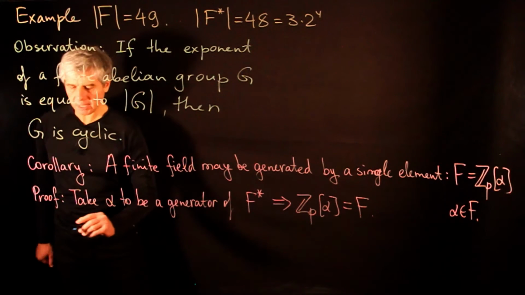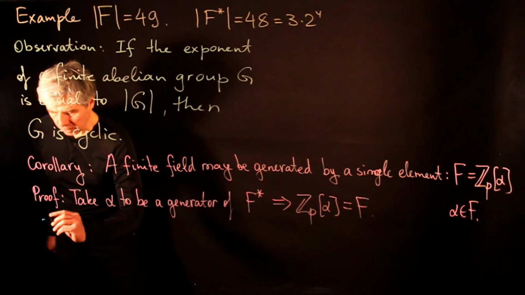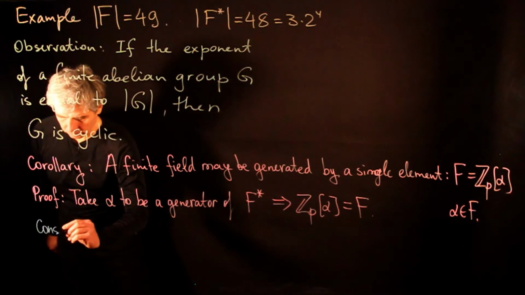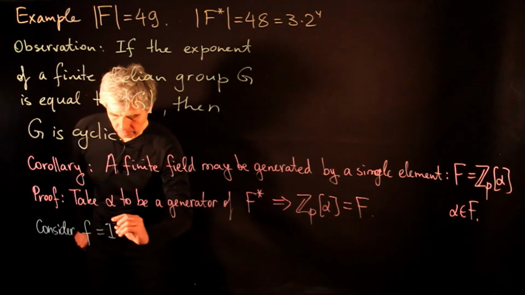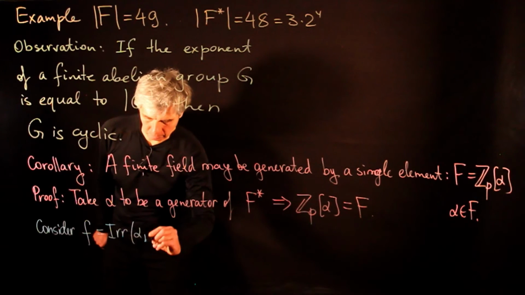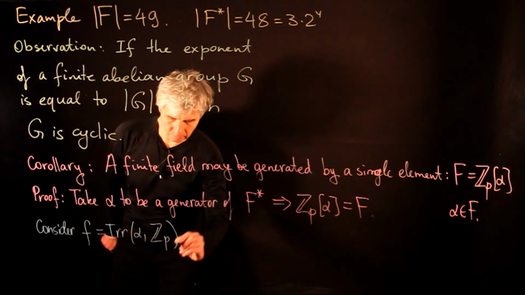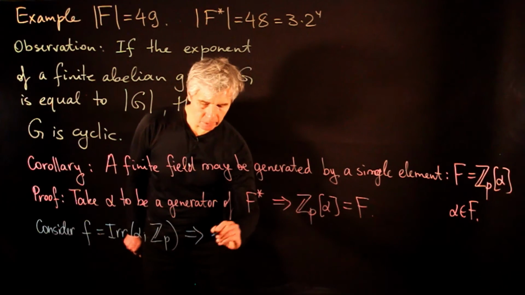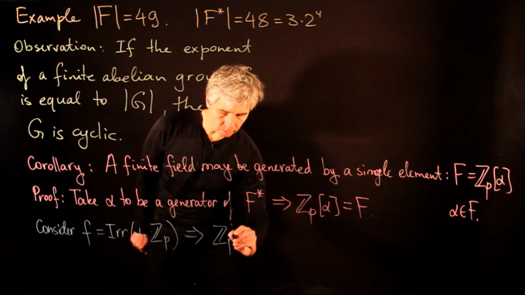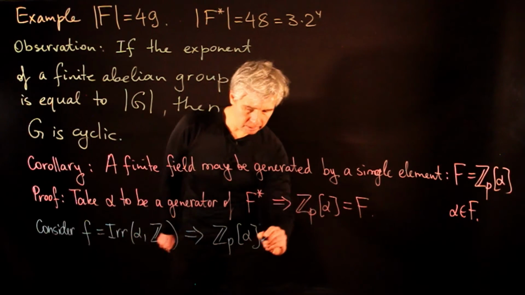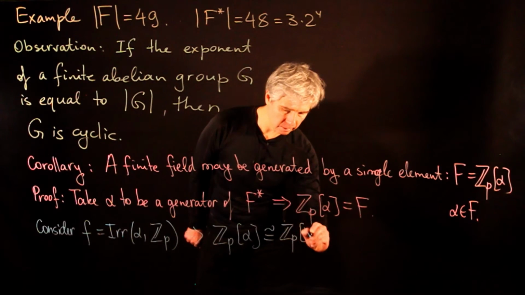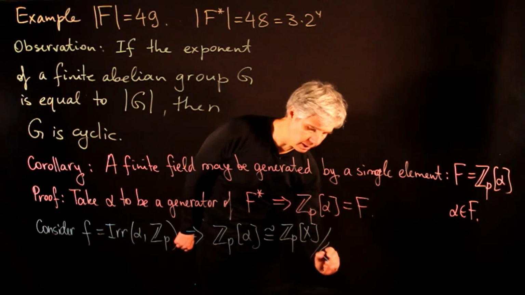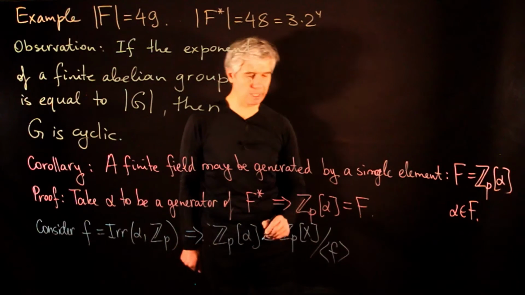For such an element alpha, consider its minimal polynomial. Then we know that Zp of alpha is isomorphic to Zp of x, quotient by the ideal generated by this polynomial f.